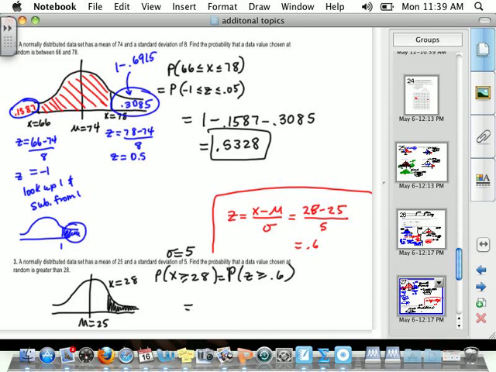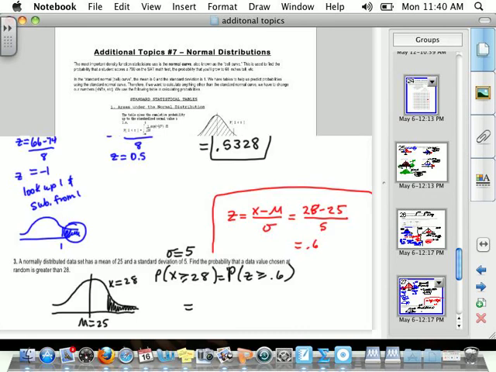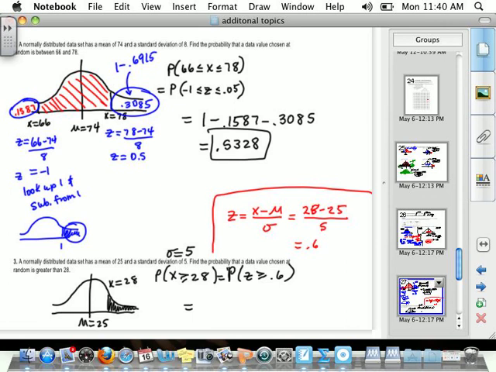Look up your chart. You guys see 0.6? 0.7257, is that what it says? Okay, so that would be the part all the way up to x equals 28. So 0.7257 is all the way there. So in our case, we have 1 minus that answer. 0.2743, is that right?